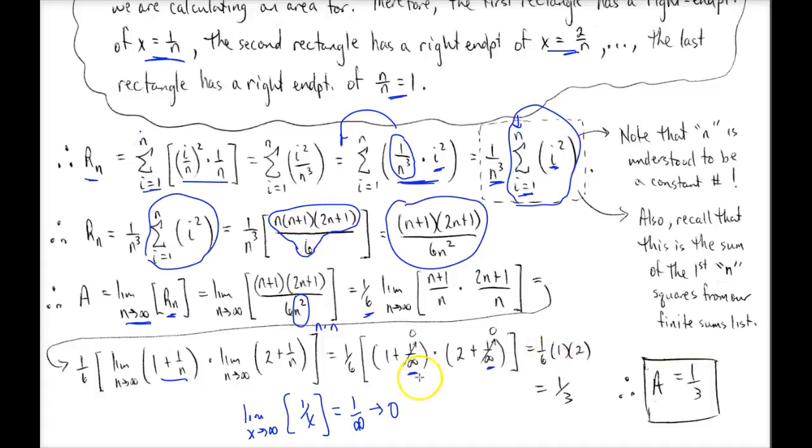We show that, and then of course we got 1 plus 0 times 2 plus 0, which is 1 times 2, which is 2, and of course 2/6 is the same thing as 1/3. So that's how we show, using the properties of sequences and series, in particular of series, how we actually calculate the area under the curve of a function exactly.